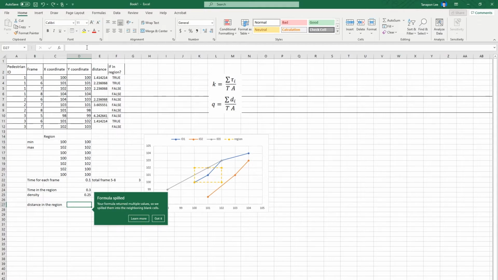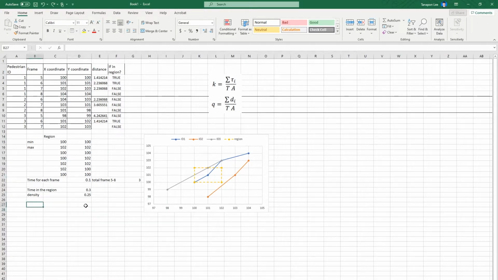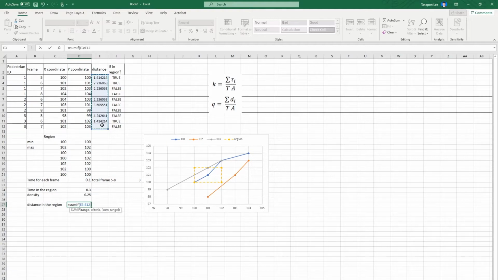Sumif: range to check, criteria is true, and the sum range is this. 5.06, 1.4.